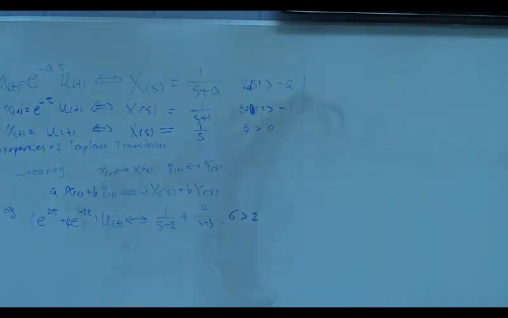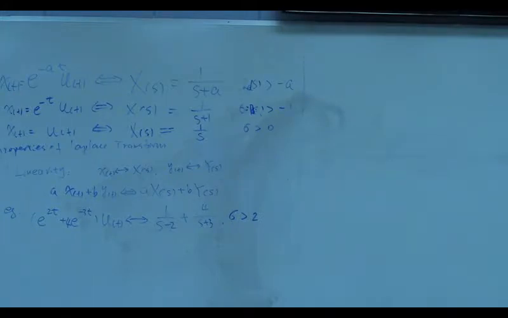We take the overlap of the two regions of convergence. Questions on that? We are going to use these properties a lot of times. You need to memorize this.